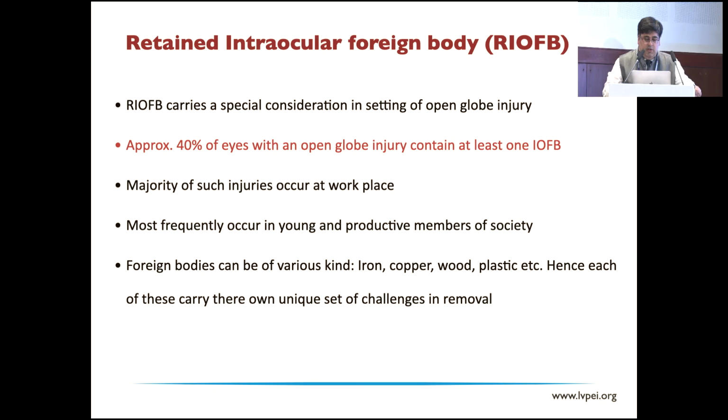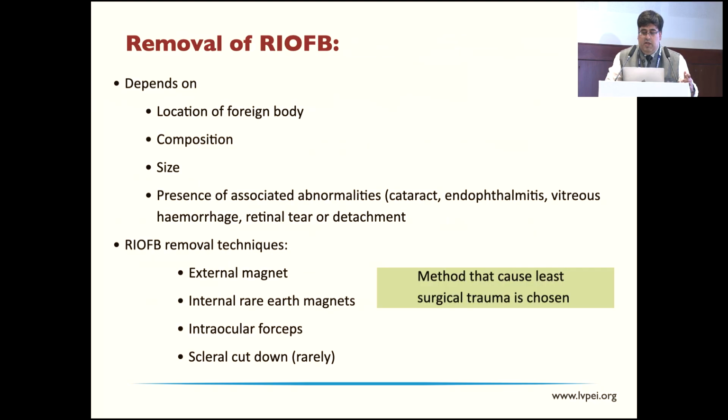Retained intraocular foreign bodies carry quite special consideration in the setting of open globe injuries. It has been said that about 40% of open globe injuries contain at least one IOFB piece. The majority of these are work-related, happening in younger and productive members of society. These foreign bodies can be of various types. The location, composition, size, and associated anomalies along with the foreign body, such as cataract and endophthalmitis, we have to consider when thinking of removal.